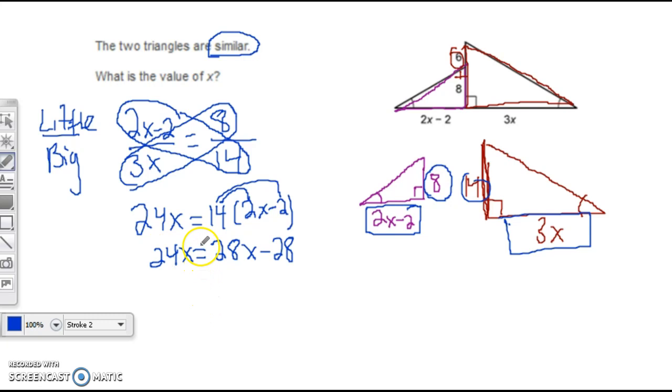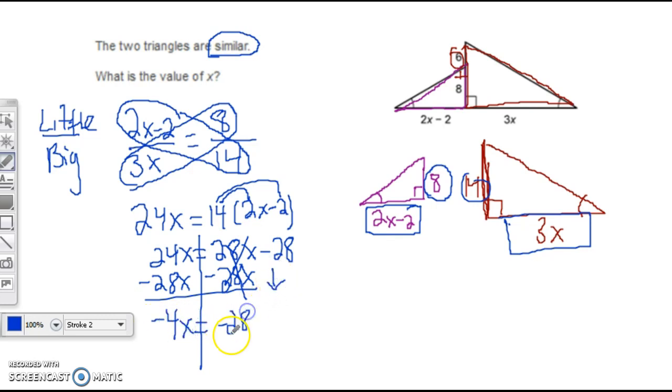And now to solve this equation, I have x's on both sides. I want to get them on the same side. So I'm going to subtract 28x from each side. That'll cancel it out over here. I'm just going to plop that one straight down. And then to finish solving for x, I need to divide each side by -4.